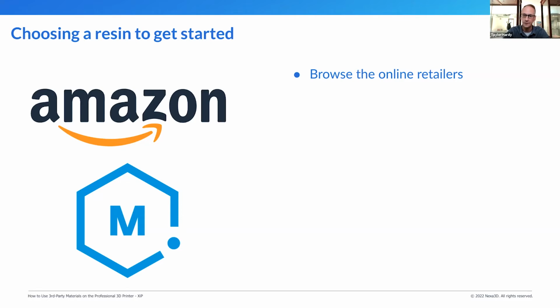Sometimes you need a specific shore hardness or tensile strength, or I could go on and on, but there's a lot of good information on the online retailers. There are, of course, specialty premium resin websites.